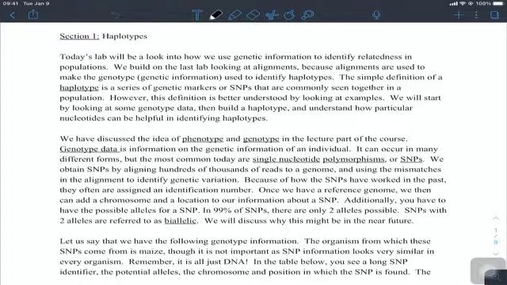As we established in our last lab with alignments, we'll recognize that most of the genome between two humans is fairly similar. But the places where there are differences can be hugely informative as to how relatedness is structured across a population.